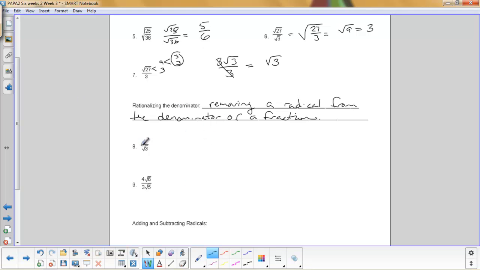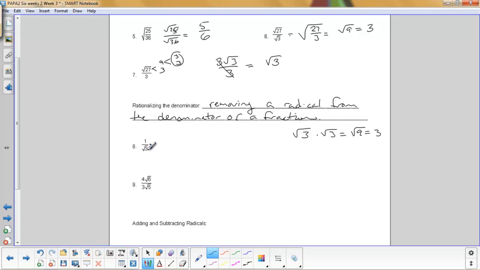Since this is a square root, it takes 2 to get rid of the radical symbol. An example would be the square root of 3 times the square root of 3 equals the square root of 9, which equals 3. Now once we get into other radicals with a different number index, this changes, but the process is still the same. We're using the idea of perfect squares to remove the radical from the denominator of the fraction.